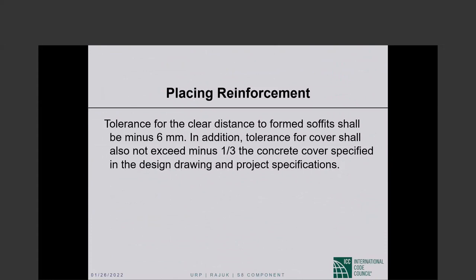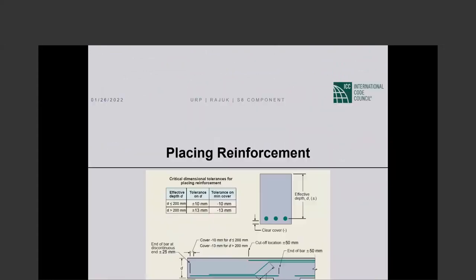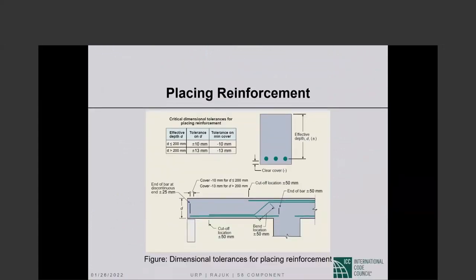So if the specified value is 20 millimeters, the tolerance is 7 millimeters. No more than that. So this is in pictures the same thing. The tolerance on d is plus minus 10, plus minus 13, and the tolerance on the cover. And there are other tolerances.